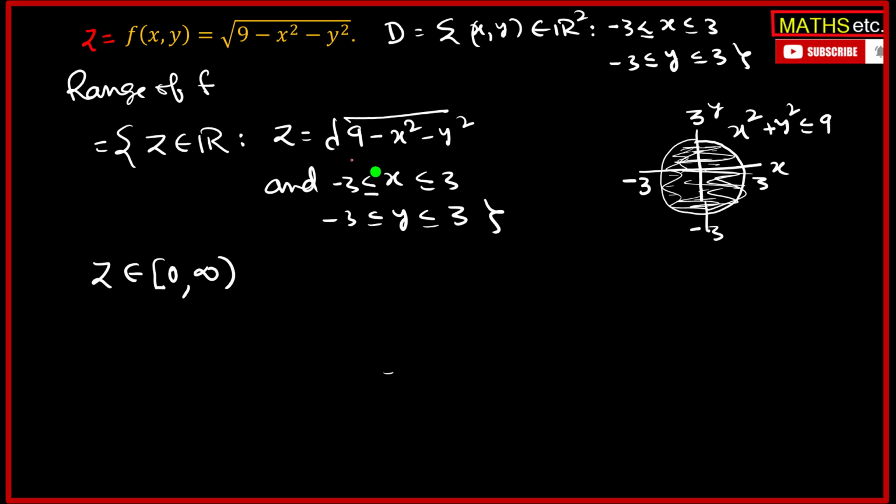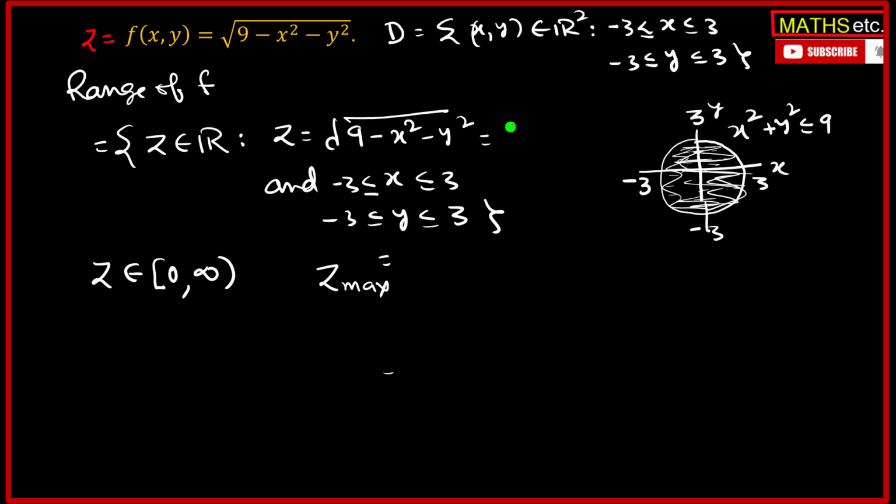So now again coming back to the rule of the function. What will be the maximum value of z? z will be maximum when the expression on the right hand side is maximum. And when will this expression be maximum? When the variable quantity x squared plus y squared is minimum.